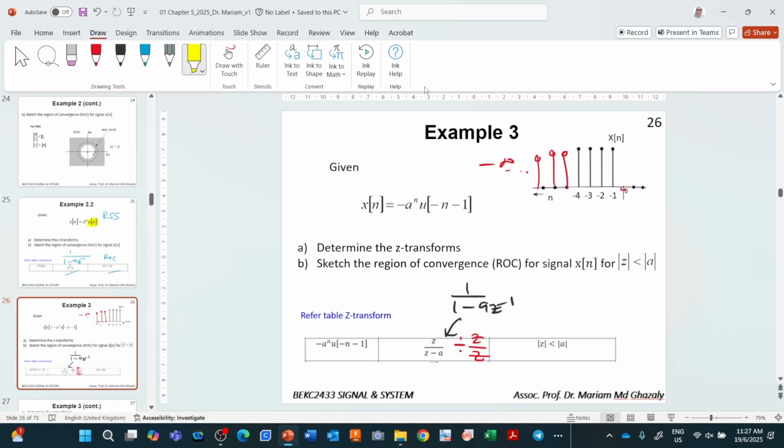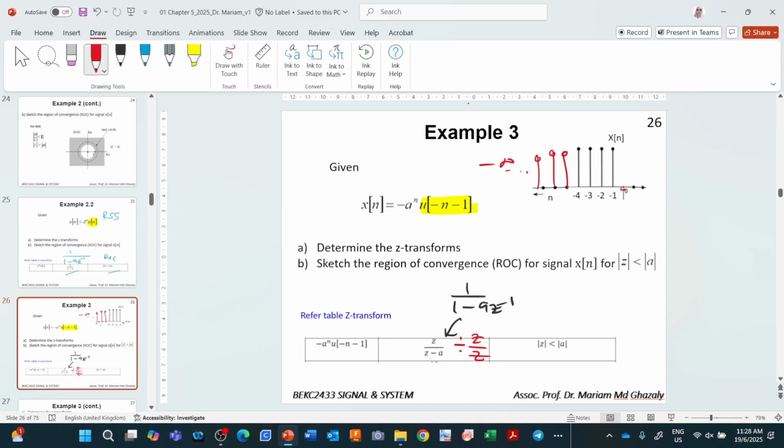We are just looking at this equation, this one. Okay, so you have u[-n-1], right? So if you look at that equation, the one that I highlight.